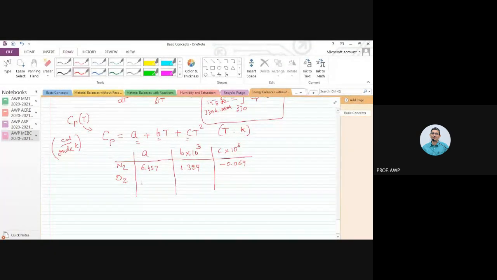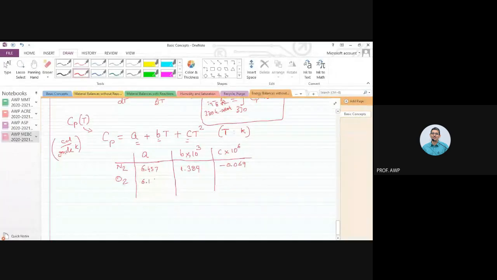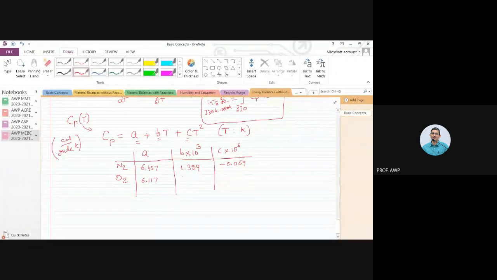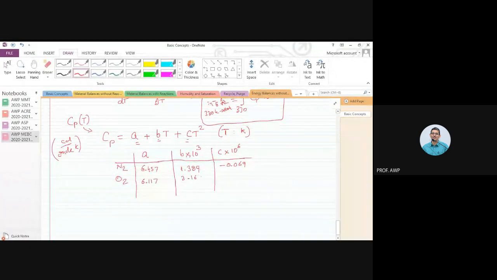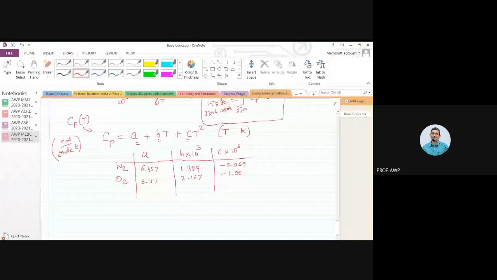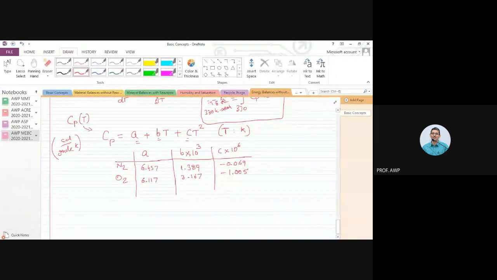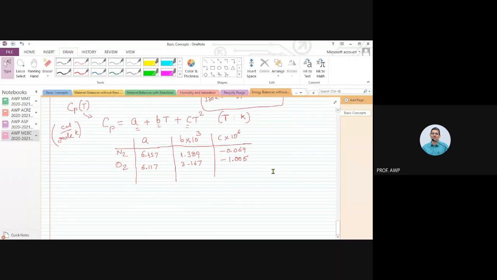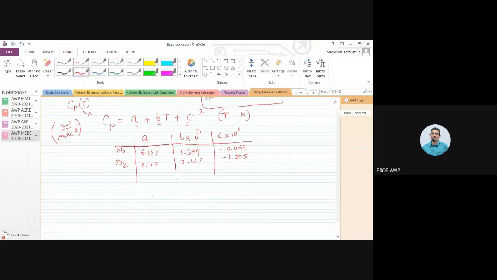For oxygen, the values are 6.117, 3.167, and minus 1.005. Okay, somebody has to do experiments and find out these values, right? Sir, shouldn't it be 10 power minus 3 and 10 power minus 6? Yeah, so we are just coming to that. Okay.